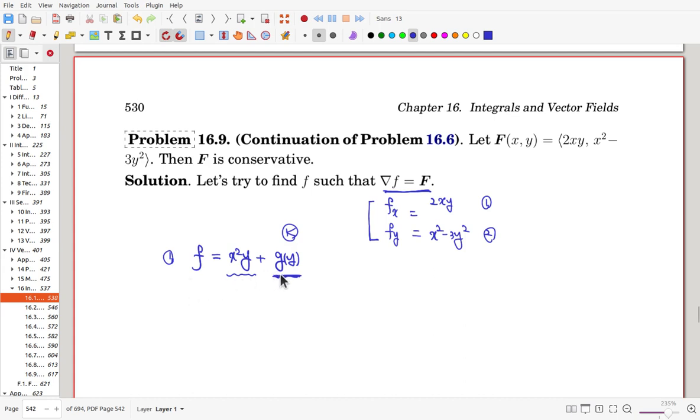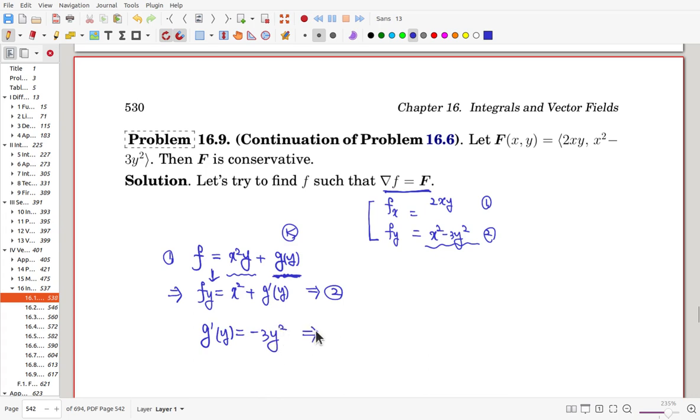Now, if we can decide g of y, then that's it. To decide g of y, we take the y derivative from this one. Then there is x squared plus g prime of y. That must be the same as equation 2, right? By comparing, we can see that g prime of y equals minus 3y squared.